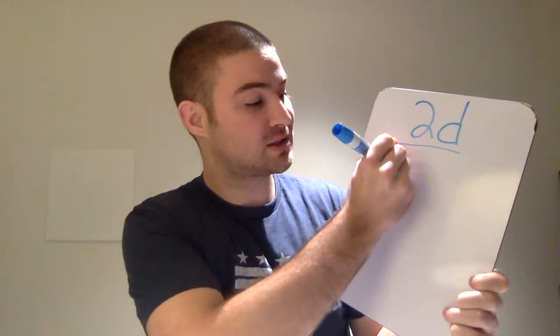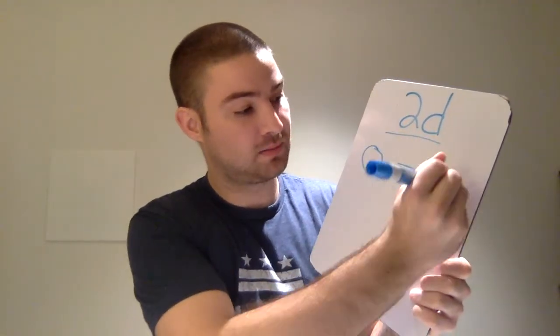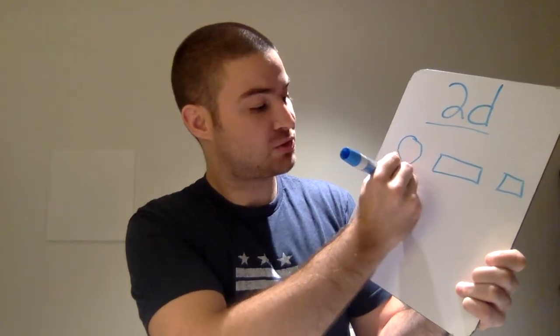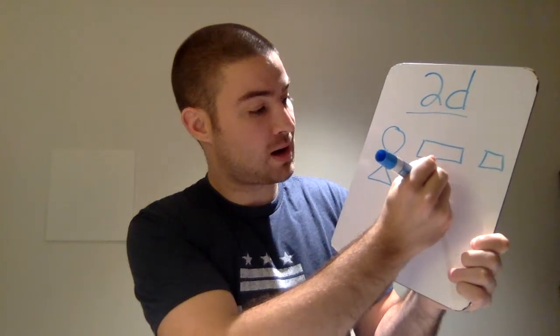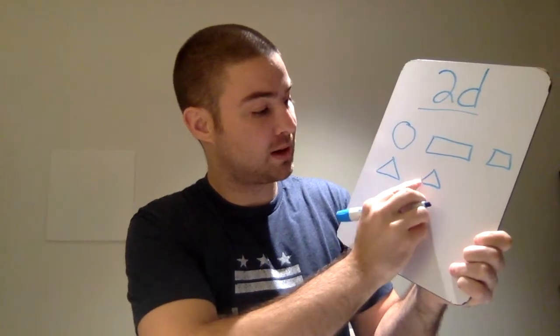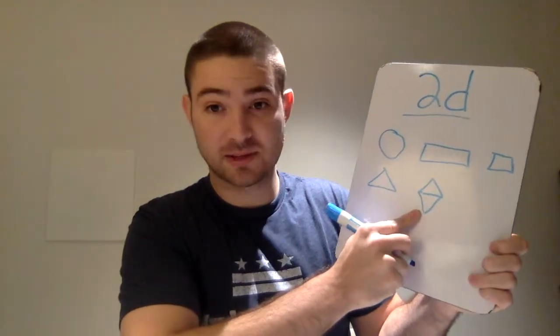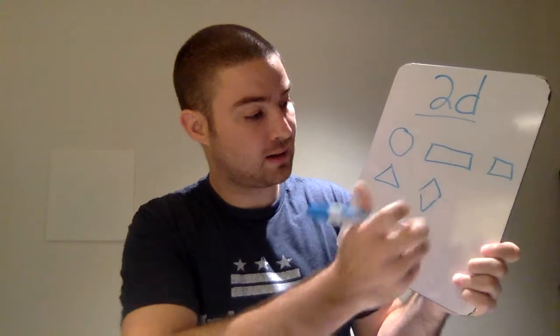They are a circle, a rectangle, a square, a triangle, all right? A rhombus, which is, oh my gosh, I already messed up, which is two triangles kind of stacked on top of each other. Sometimes there's not even that line in the middle, okay?